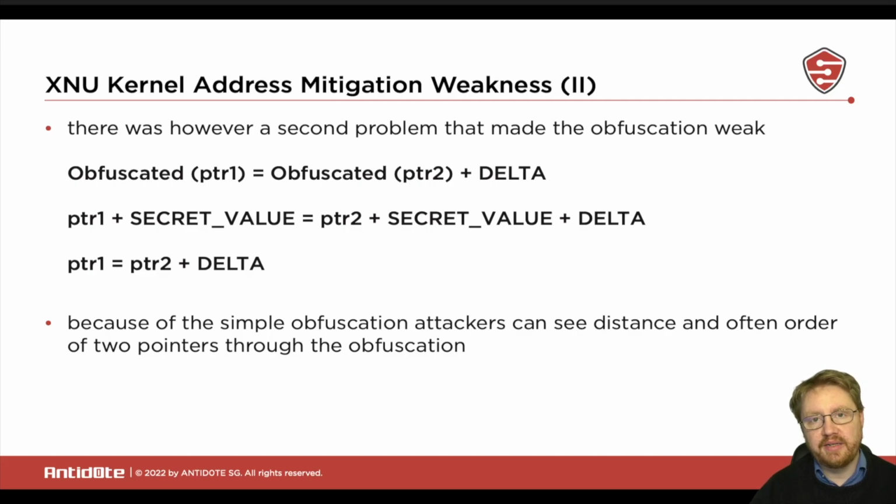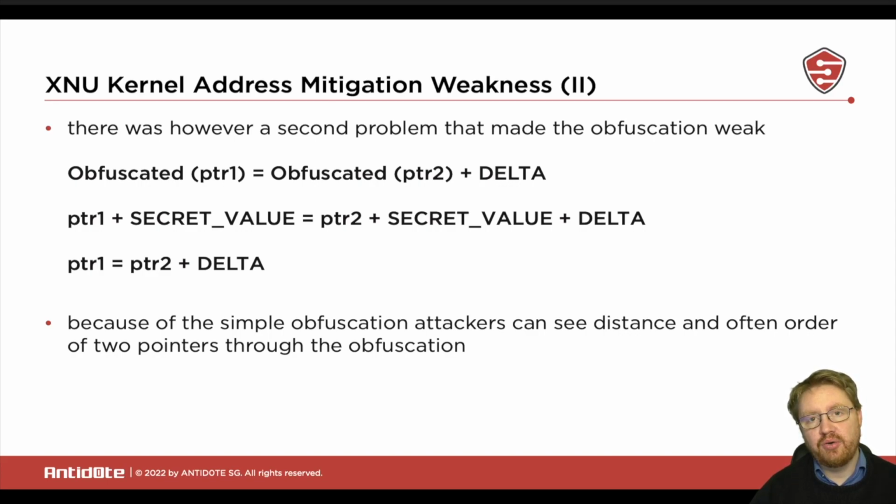So what does it mean? It basically means that the delta of two obfuscated pointers and two non-obfuscated pointers is the same. So this means you can see through the obfuscation how far away two pointers are from each other. And with multiple pointers being leaked, you can determine their relative location in kernel land, and you can also find out which is the first one and the next one and so on.